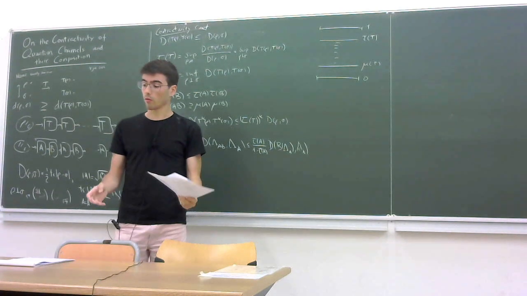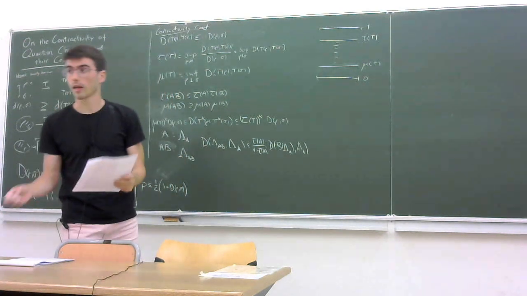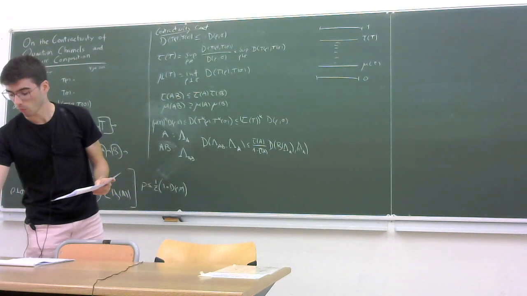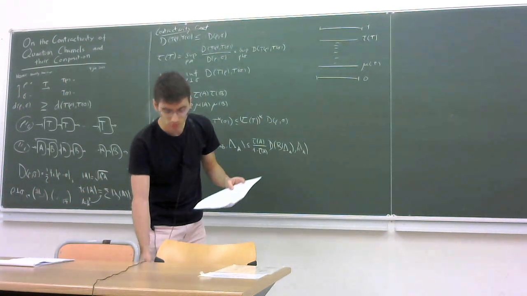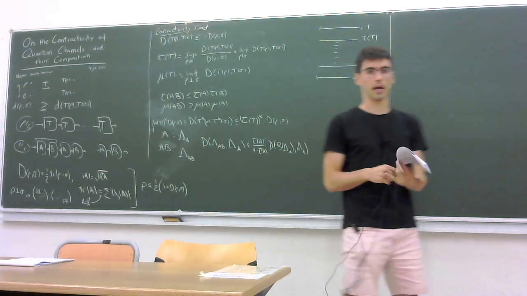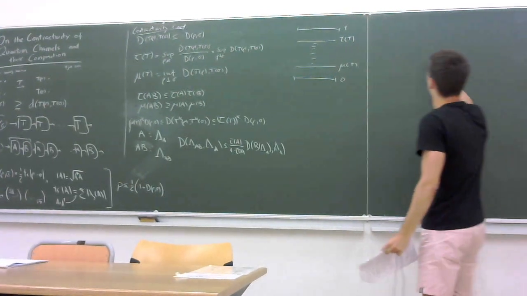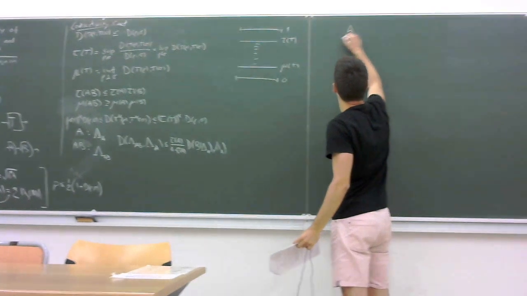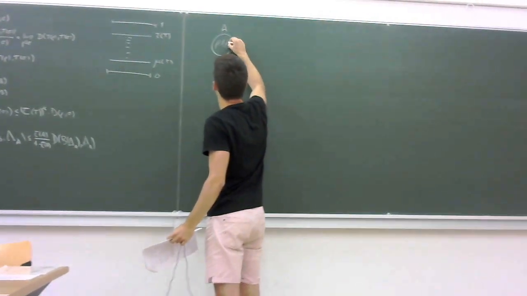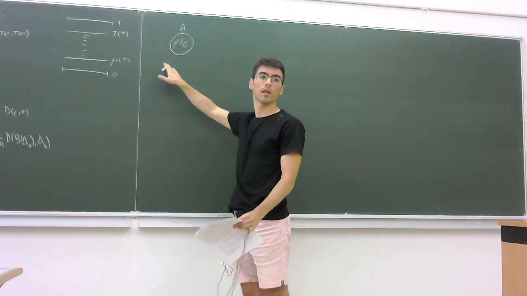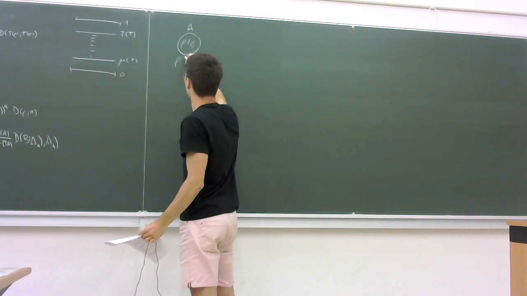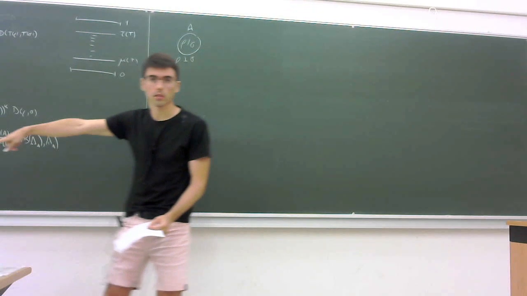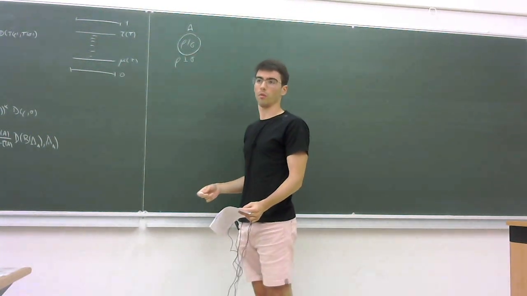And the possibility I found is related with the following game that I want to explain, and I want to finish with that if it's possible. Okay, so let's consider Alice and Bob are playing a game. Alice will send one of two pre-agreed states to Bob. These two states have orthogonal support, so they are perfectly distinguishable.